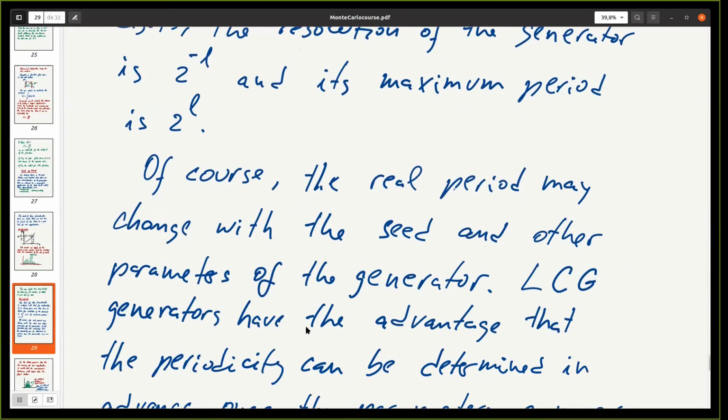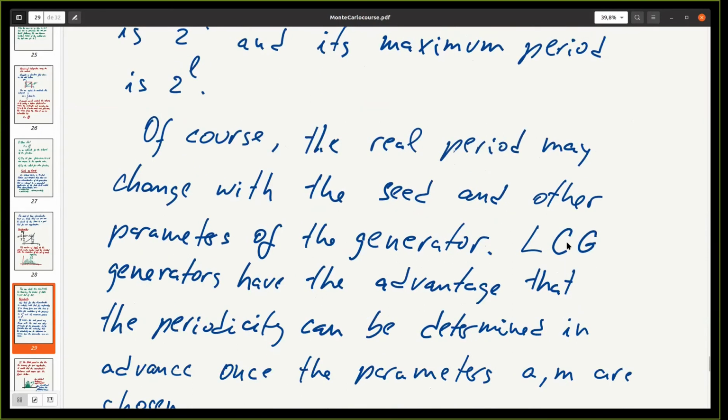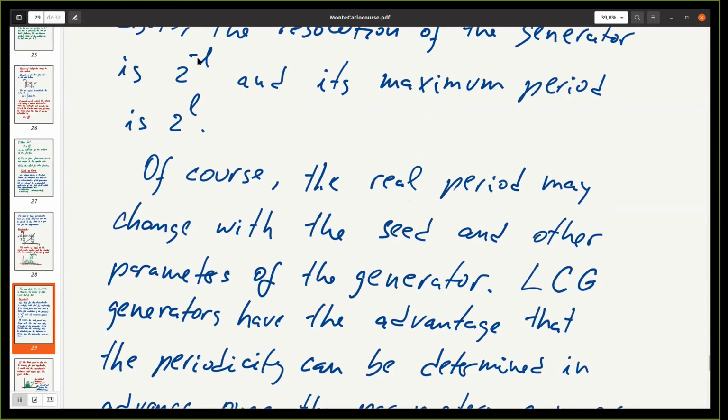But of course, as we saw in the case of the von Neumann generator, some generators will give you a periodicity that is even smaller than this one. So the fact that you have a high uniformity in your series does not ensure that your periodicity is high enough.